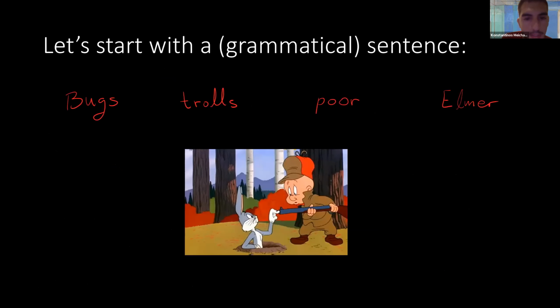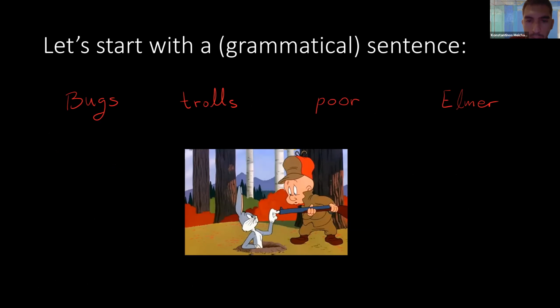And let's start this whole pipeline with an example. I think if we follow this example, it will be very clear what we're doing. So we can take the sentence "bugs trolls poor Elmer". First of all, I won't deal with questions of ambiguity that are asked a lot. For example, bugs could be the plural of a bug, but I won't deal with this here.